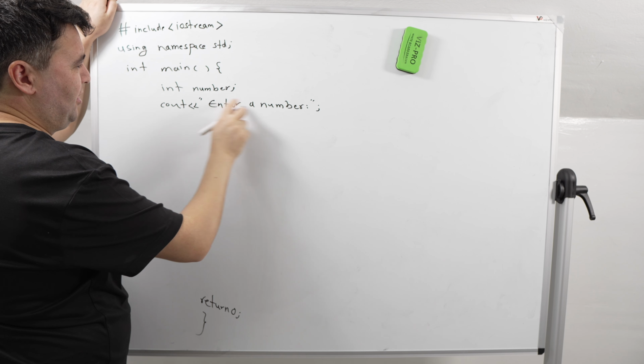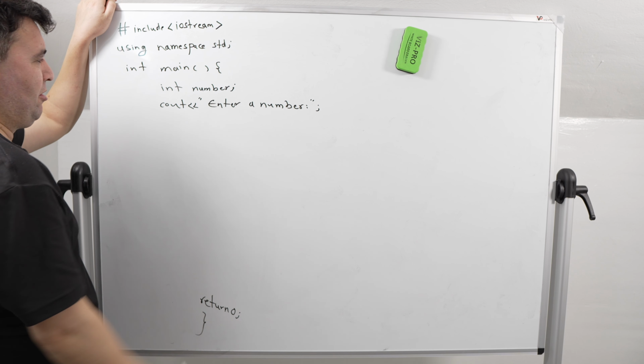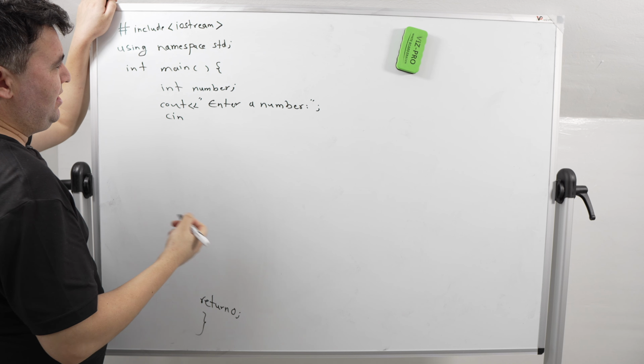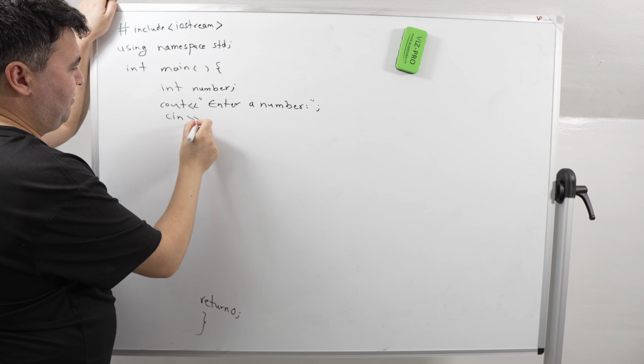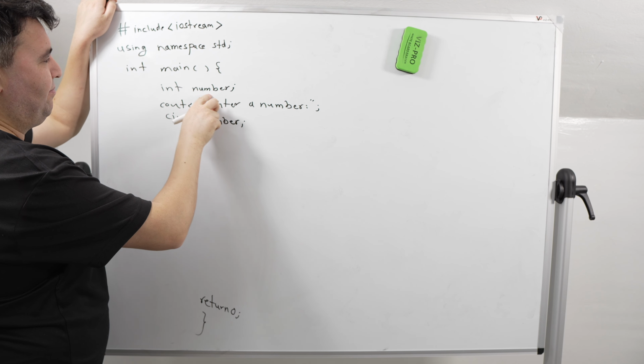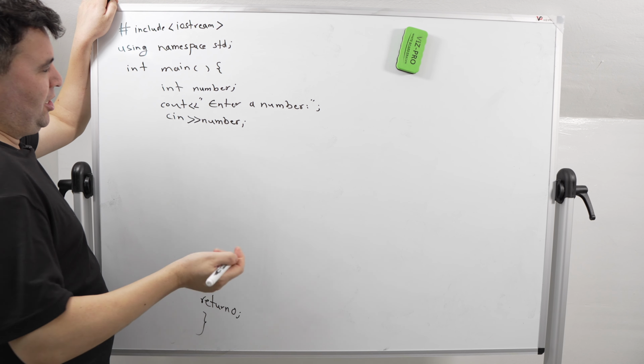This is our text inside double quotes, followed by a semicolon. Whenever the user enters that number, we store it inside the variable number, which we declared here. Now we check the condition.